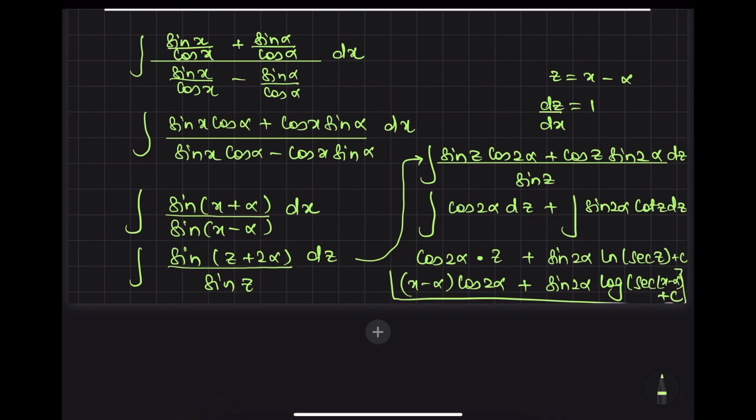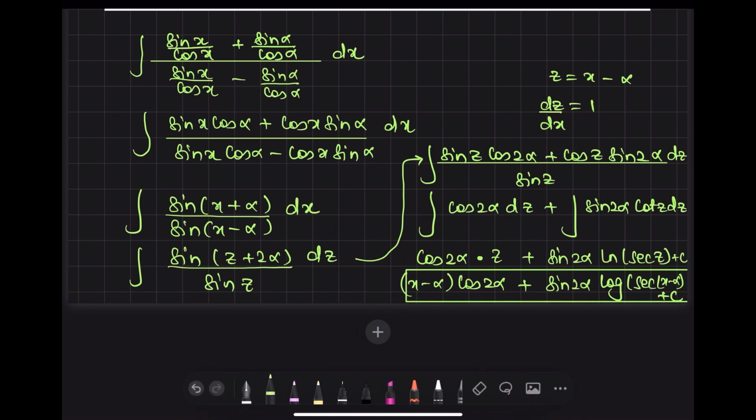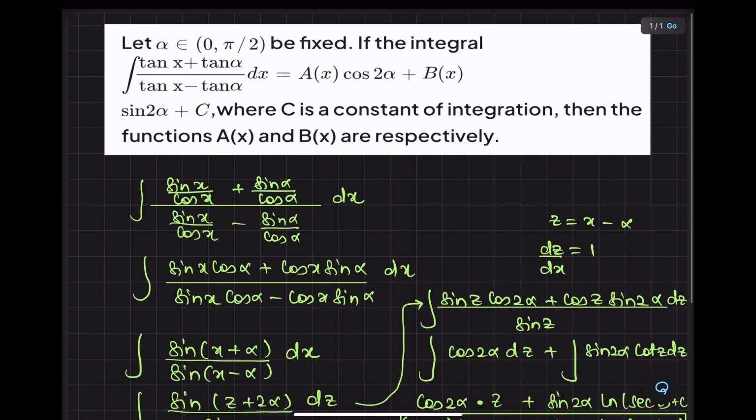So this is your required result. I hope the idea is clear, and from now onwards, if you have this kind of situation, you can handle it in a wiser way.